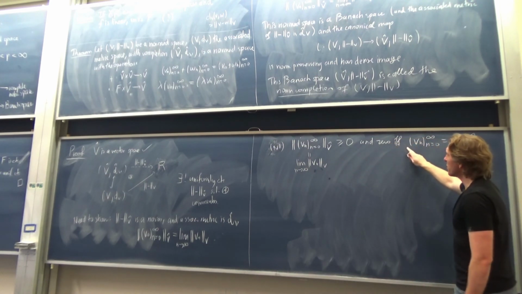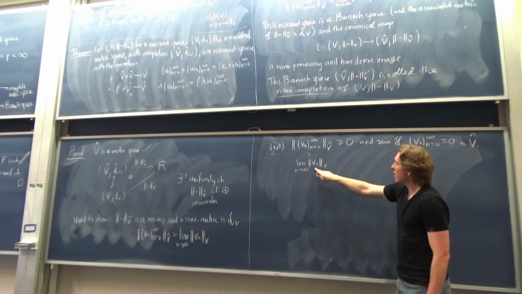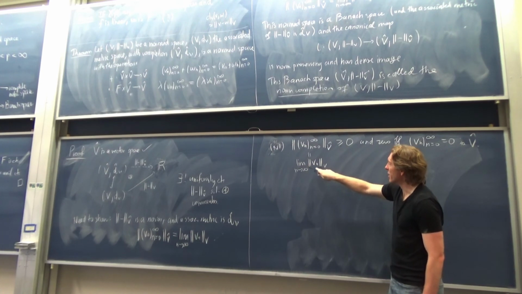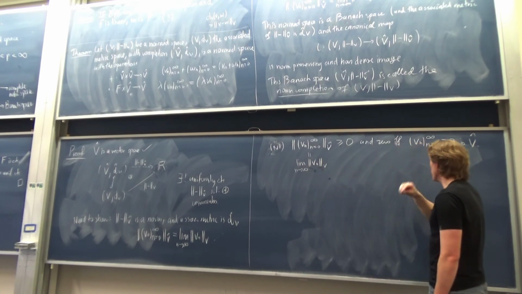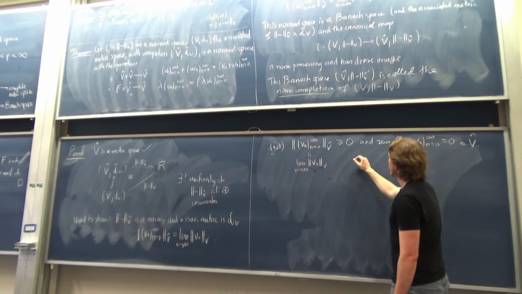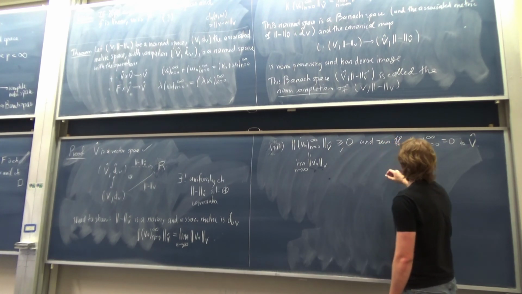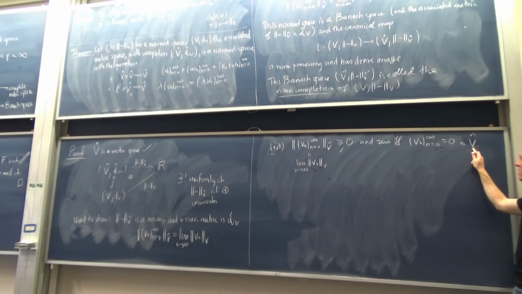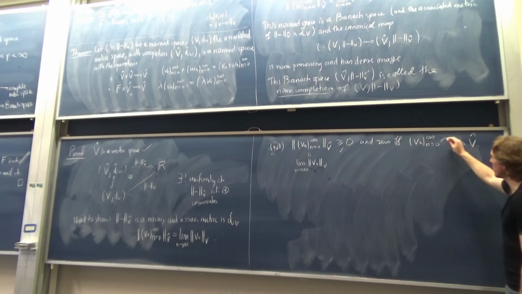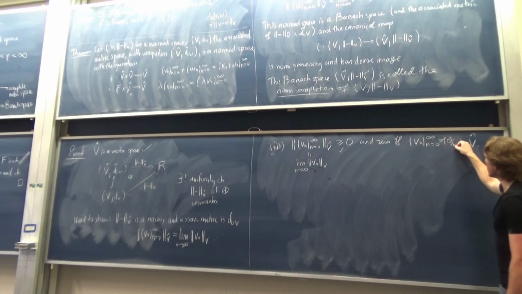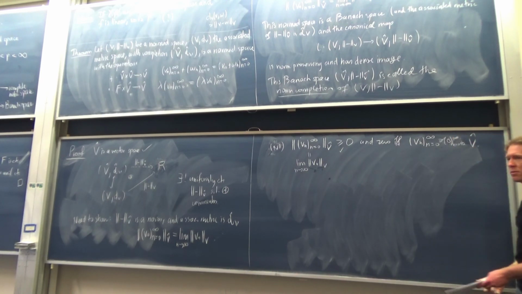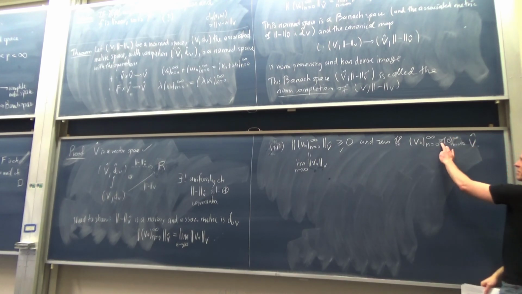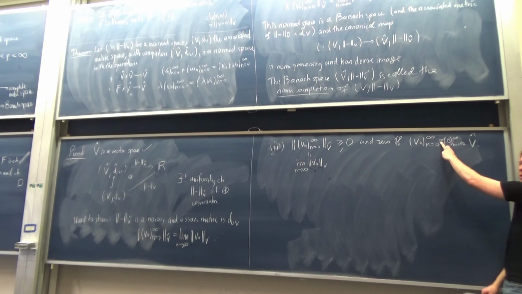Well, suppose that it was actually 0. That is, this limit was 0. What does it mean for a Cauchy sequence to be 0 in V hat? The 0 vector, by the way, is the constant sequence at 0. What does this equality mean? This is not a strict equality of sequences.